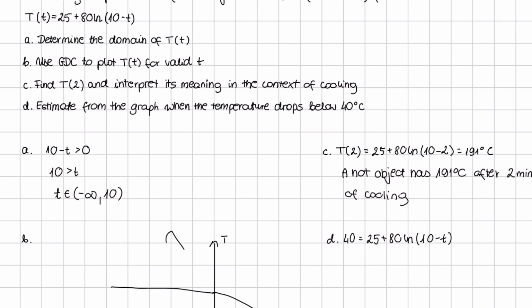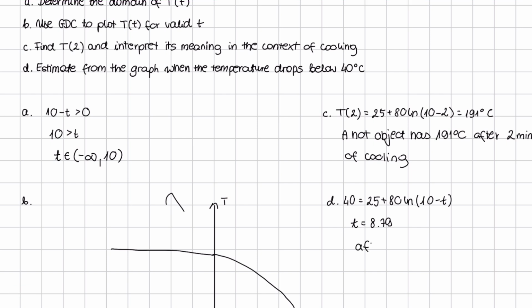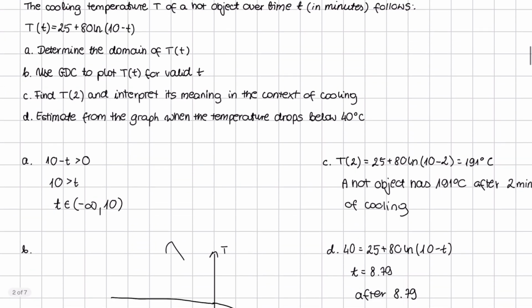So G-Solve, x calculate, and then we enter the y value, so 40, and our answer is t equals 8.79. So after 8.79, and here we have minutes, so minutes.